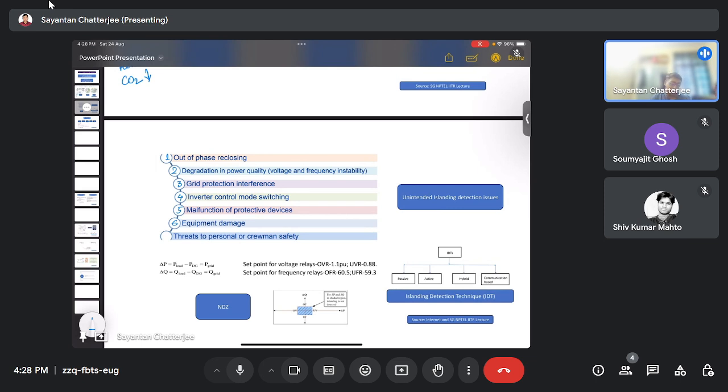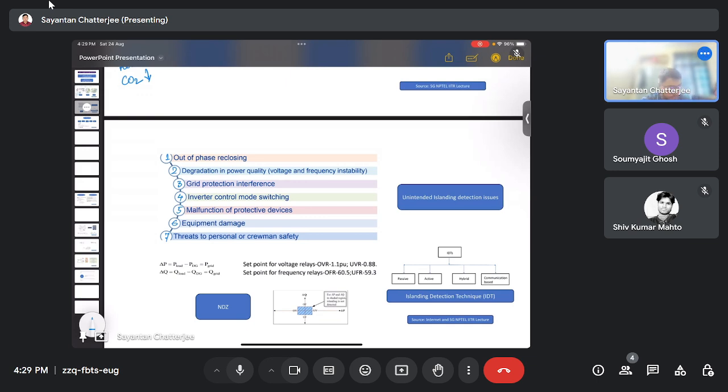But here isolated control centers need to be developed, and that would create a major problem. If there is damage, they would be more prone to damage, and there are threats to personnel or safety problems. So those are the issues related to this.